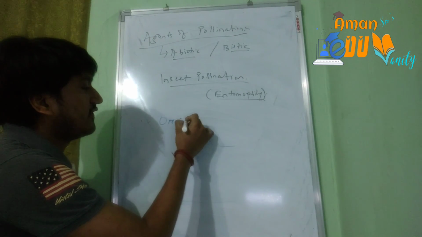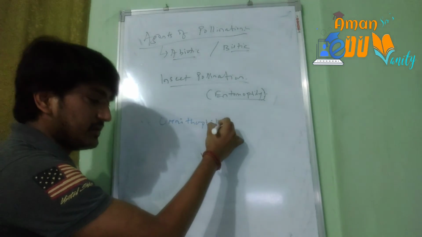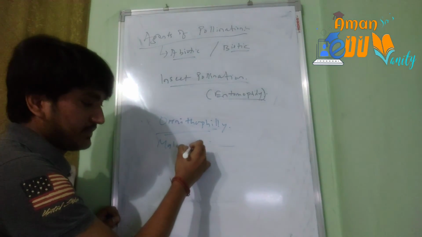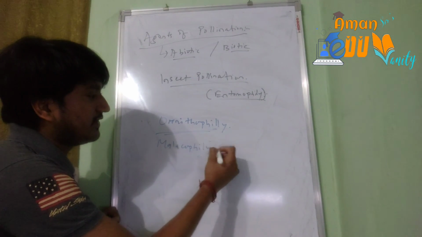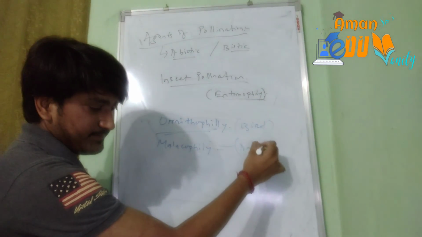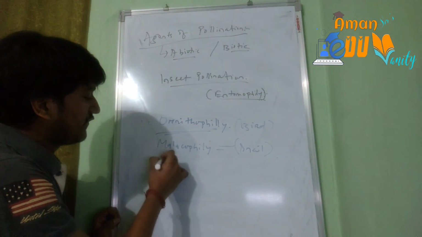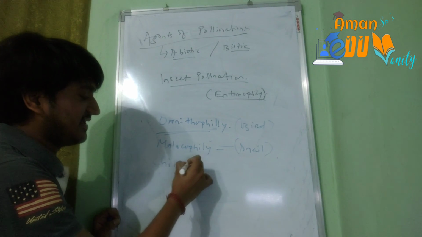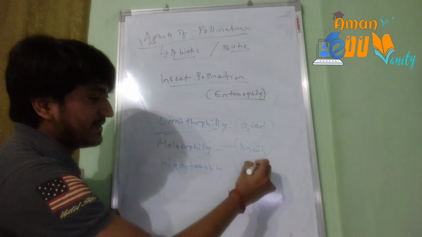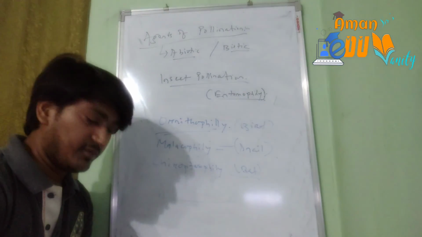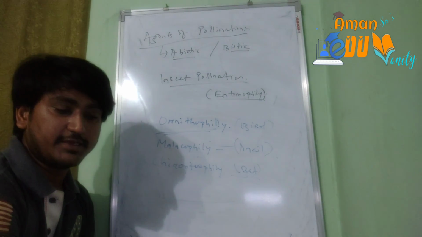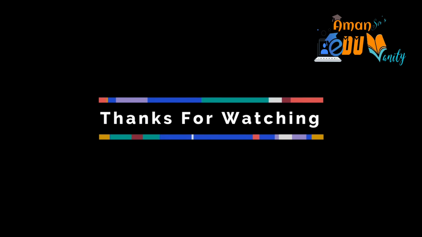Then malacophily if it is pollinated by snails, and chiropterophily if it is pollinated by bats. Many more are there. So through these methods different kinds of flowers can be pollinated.